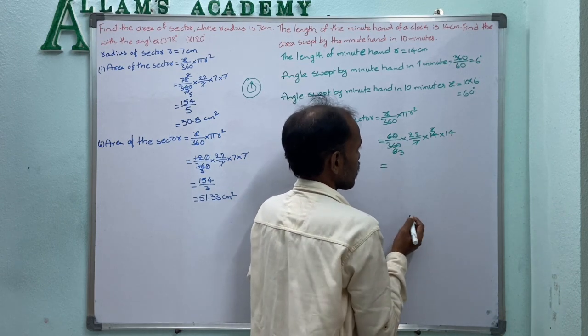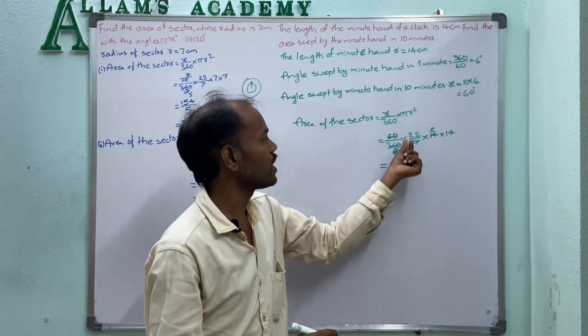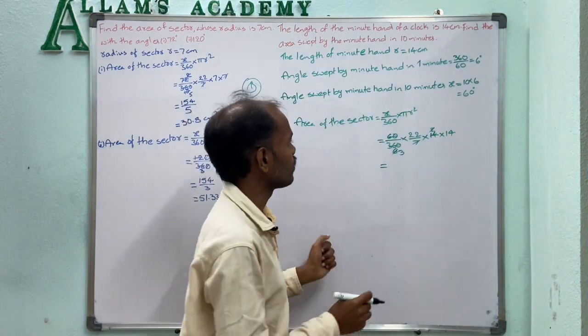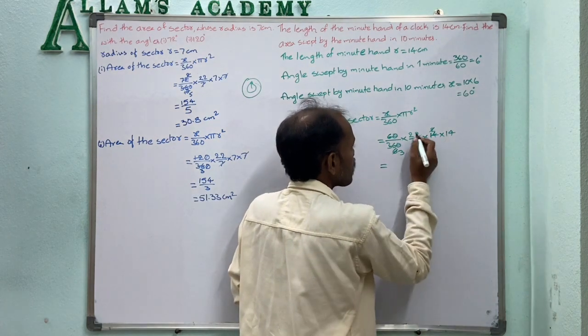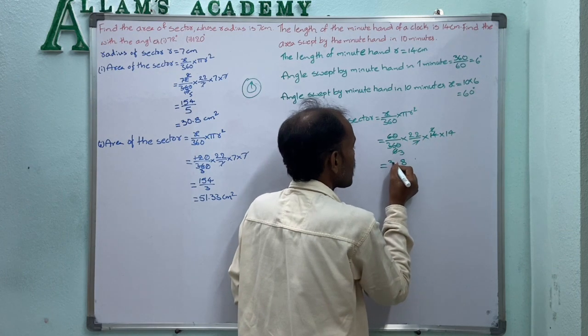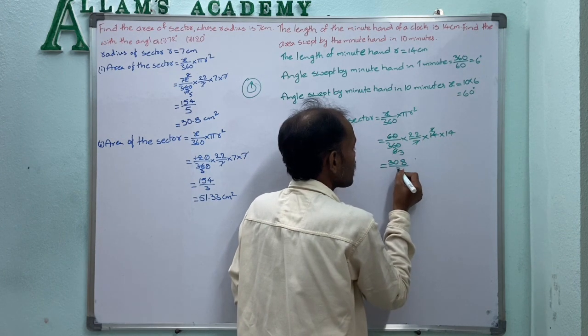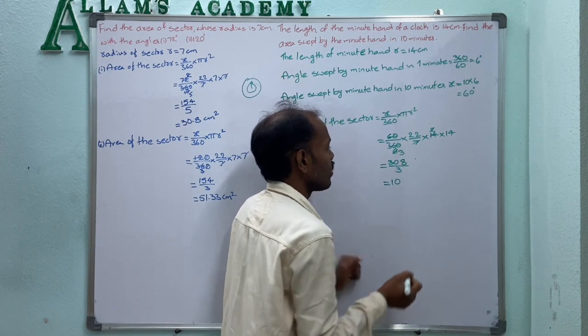So that is equal to 14 into 22, so 14 twos are 28 and 28. So 308 by 3.